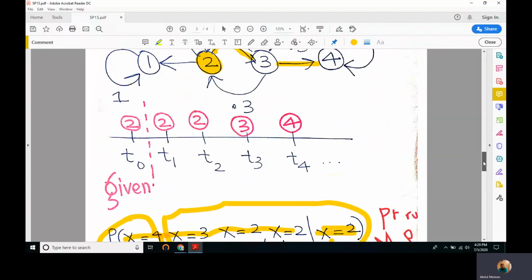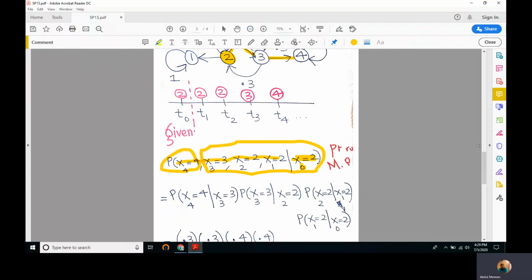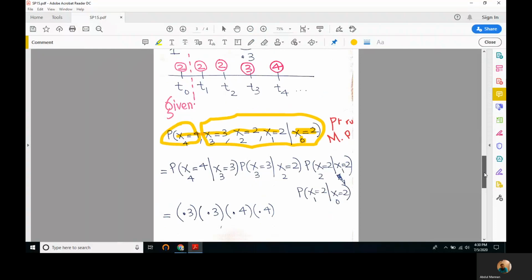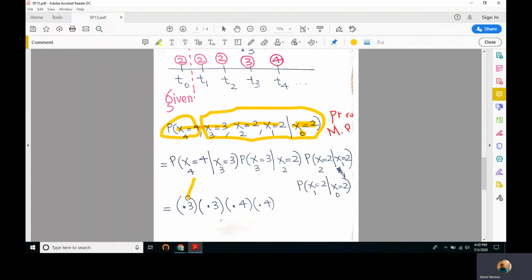So we see that from 3 to 4, the probability is 0.3. So we'll write a 0.3 here.